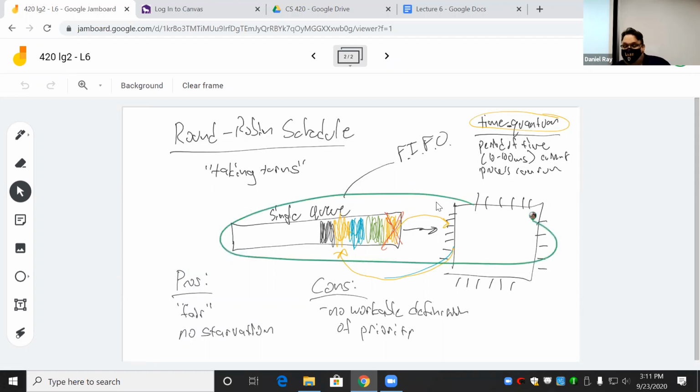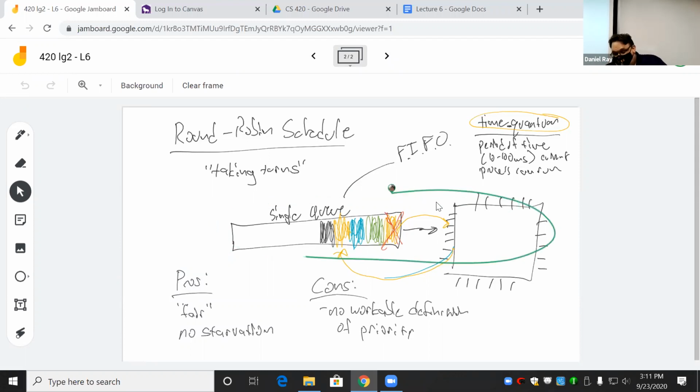So that's the biggest con. Now this is really simple. It's fair, there's no starvation, but it doesn't really meet our needs for interactive processes, because we can't force processes on a deadline to go ahead of other processes. Does that make sense?